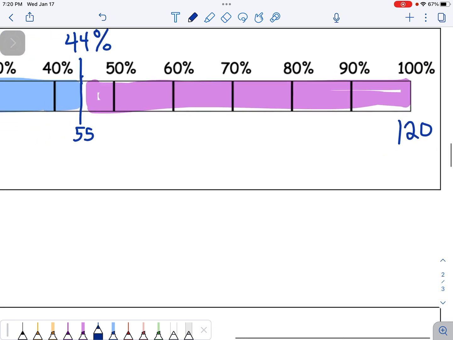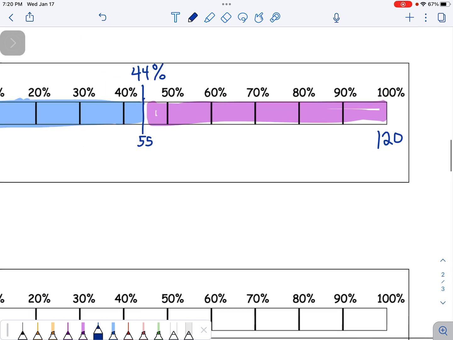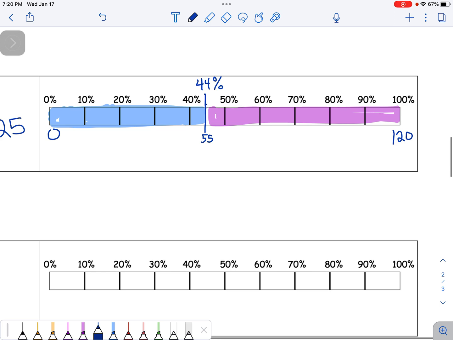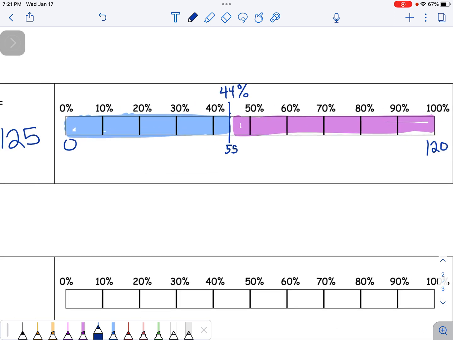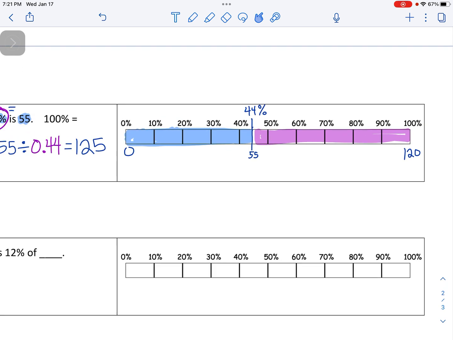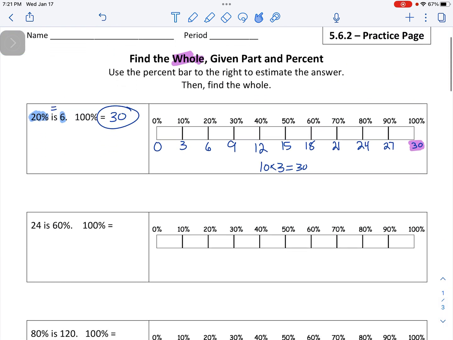That was a really good guess. But the only way I could make a guess that was that close was by really thinking about, well, if 55 matches with 44%, then thinking about what that purple part could be. That's the value in thinking about these with a percent bar. I do want to go back to the first problem to show you we can do the exact same thing.